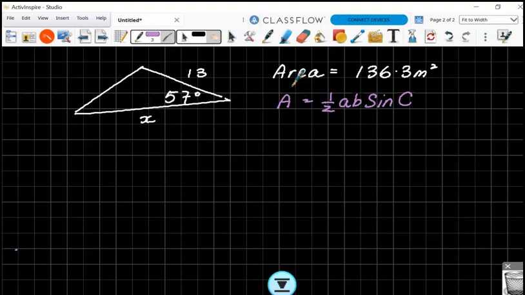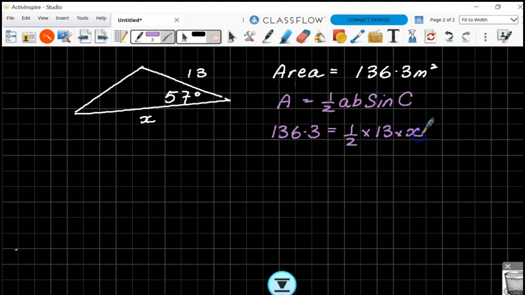And then we've got our formula. What would you do? Sub it in. So A is for area. We know our area, so we replace it with 136.3. It says equals a half. Right, we've got ab. What are my two lengths? 13 and x.